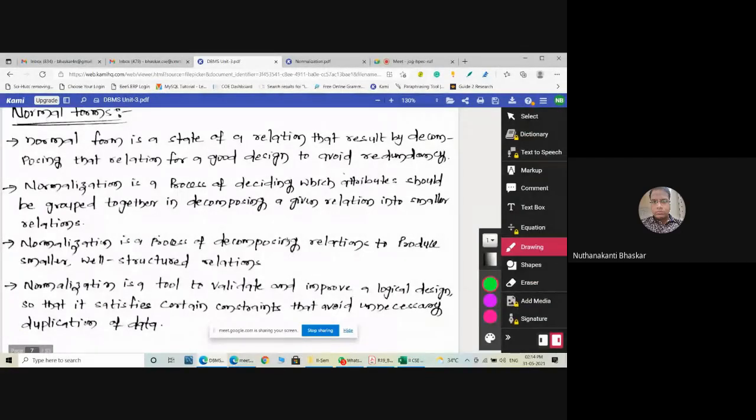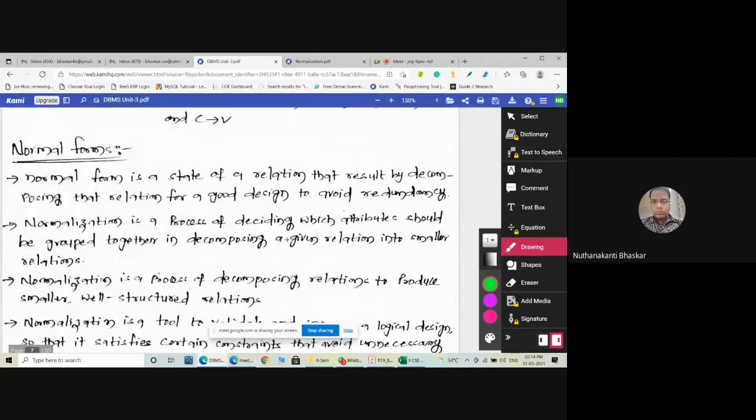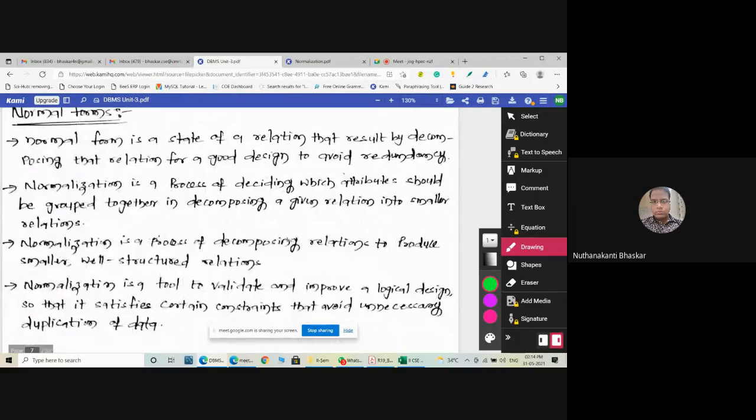Generally, it is called normalization. Form means form 1, form 2, form 3. The normal form is a state of relation. I am going to read different definitions, and you can add your own as well.